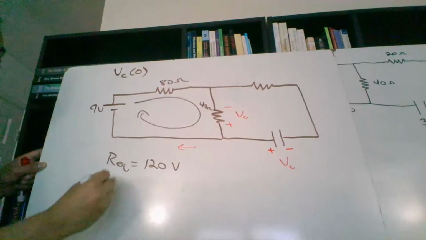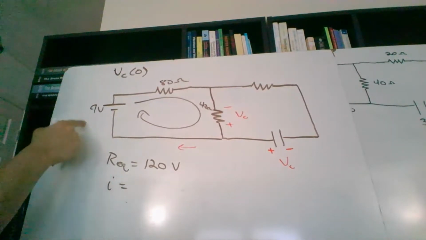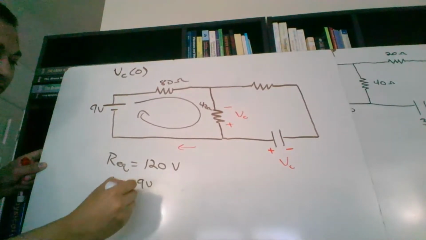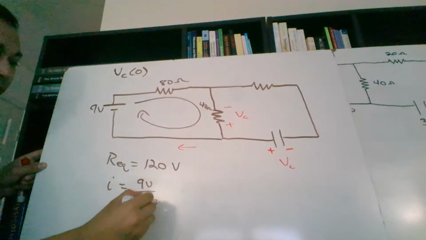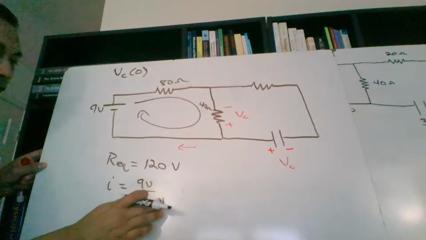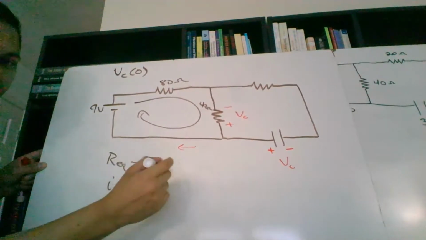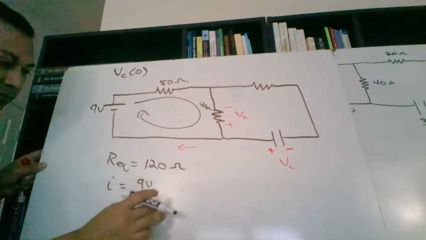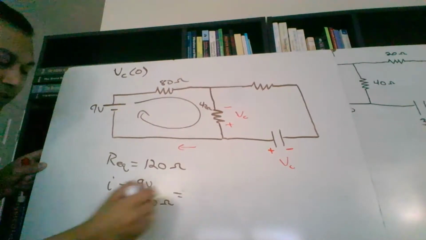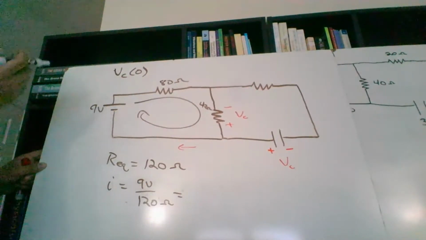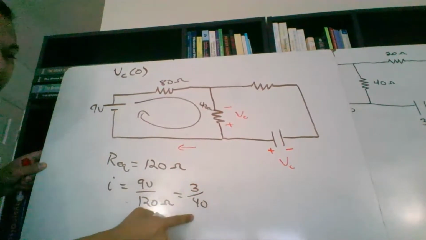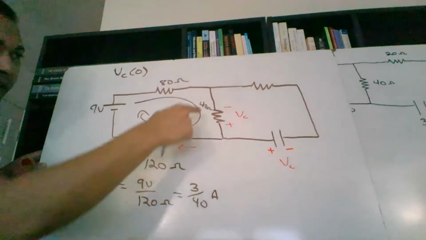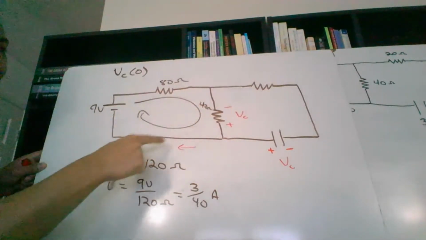So the total current, I, is going to be equal to the voltage of the source, that's 9 volts, divided by the equivalent resistance, 120 ohms. And that's going to equal 3/40. So that's the current. That's the current that's going through here and here.